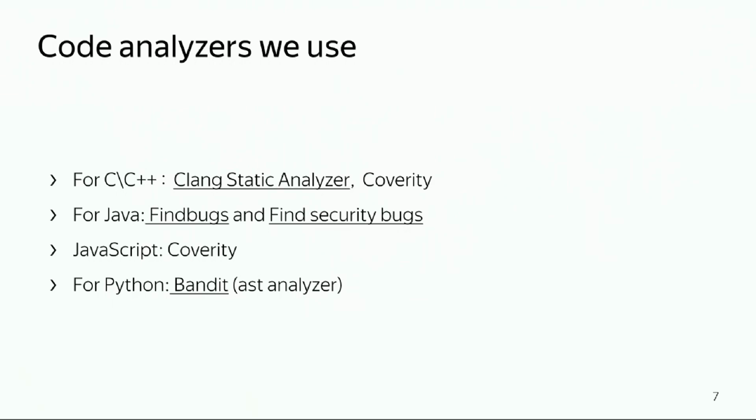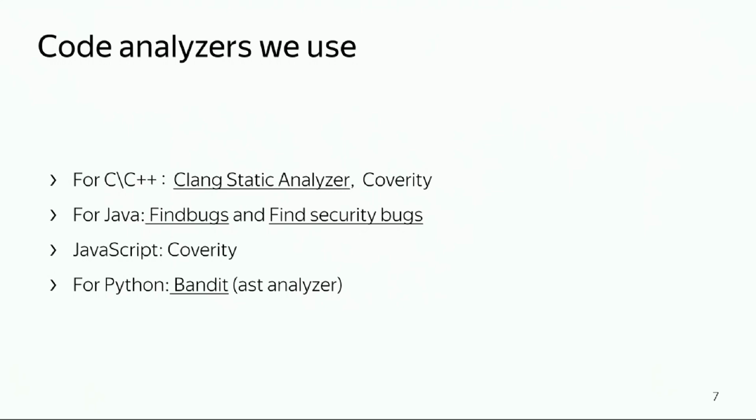Well, we use several static analyzers. For C, C++, and JavaScript code, we use the proprietary solution Coverity. And for C++, we also use Clang Static Analyzer. All those with the underline are open source, you can just download and try them.